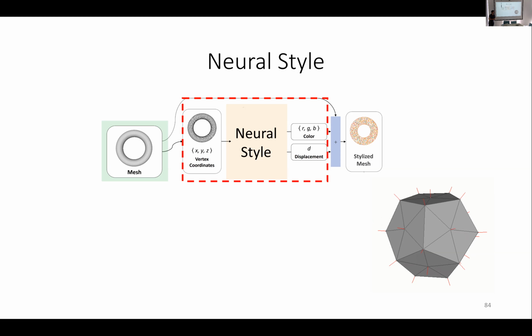Together this represents the style of the mesh. Like a warping of the original mesh? Yeah, so you move each vertex along its normal, and you change the color according to the predicted color.